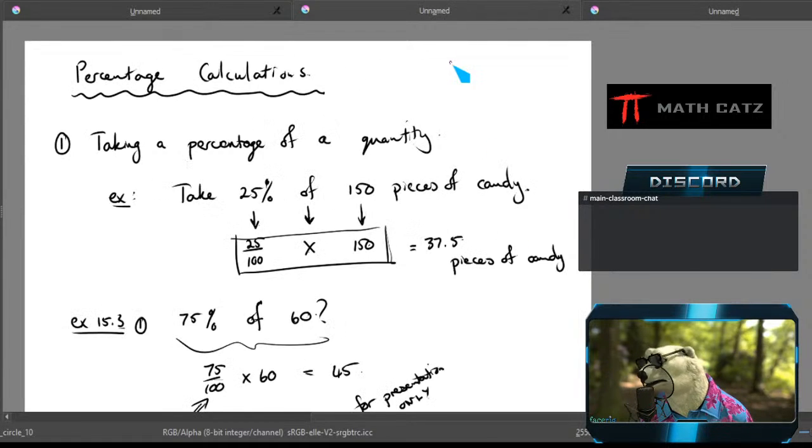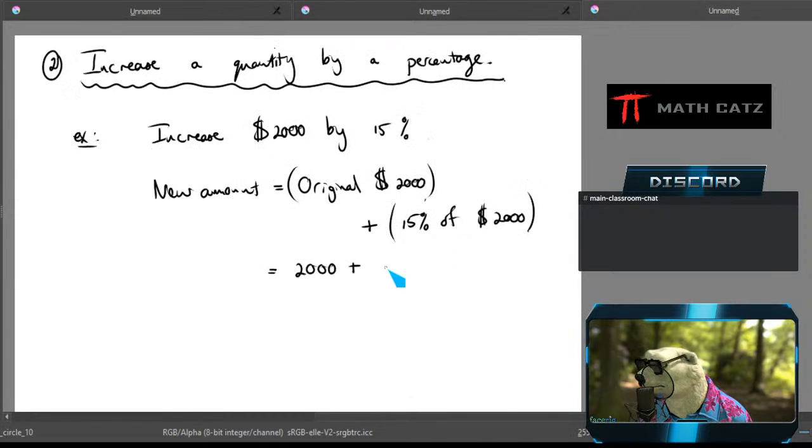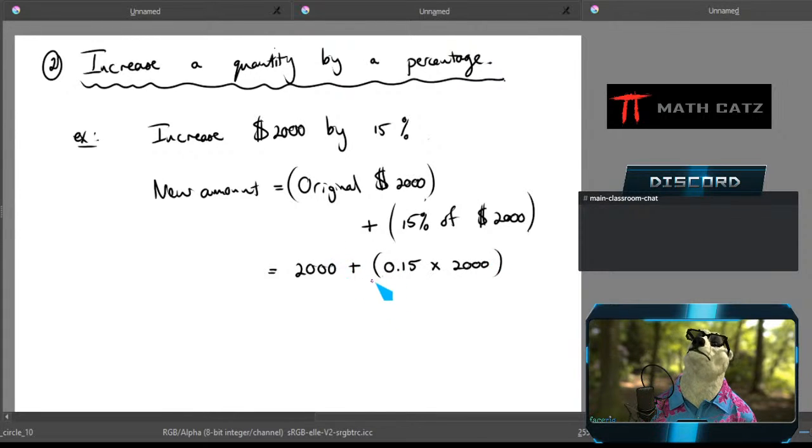And I've seen that before. So that is simply going to be the decimal version of 15%, 0.15, "of" is times 2000. I'll put these in brackets to illustrate that this comes first, of course. This is a grouping. Then it gets merged with the original.